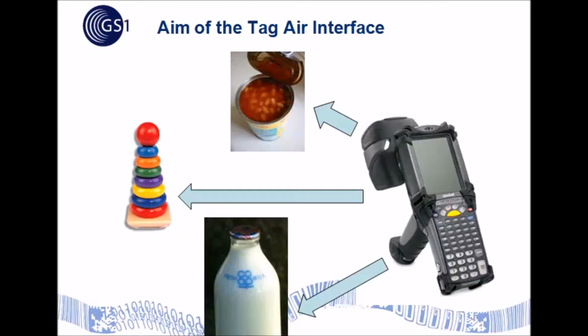The third, how to provide means for a reader to singulate individual tags when more than one is within the range of the RFID reader. Because we already know that the RFID reader can induct many RFID tags simultaneously.